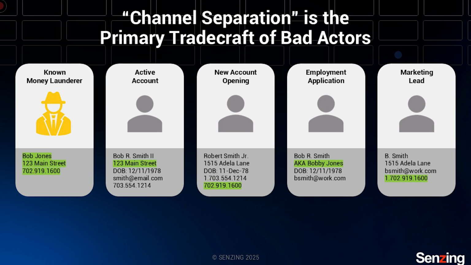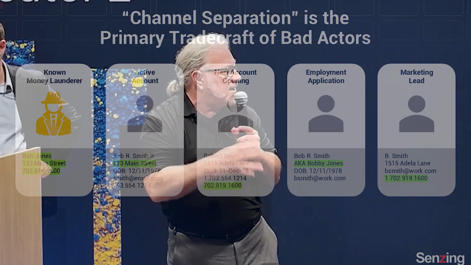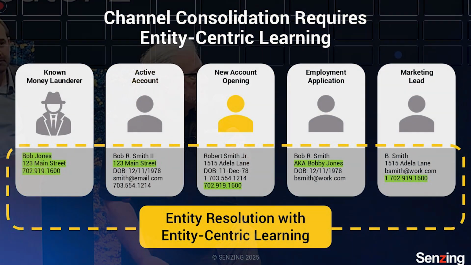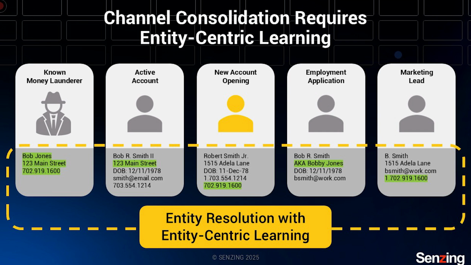Each time he sets up an account, his personal information will change just a little bit. So the data drifts. And eventually he sets up enough accounts that in the middle, he's opening a new account with an entirely different identity. By using entity-centric learning, we're able to show that this new account is actually one person, he's on a watch list, and you need to take action.